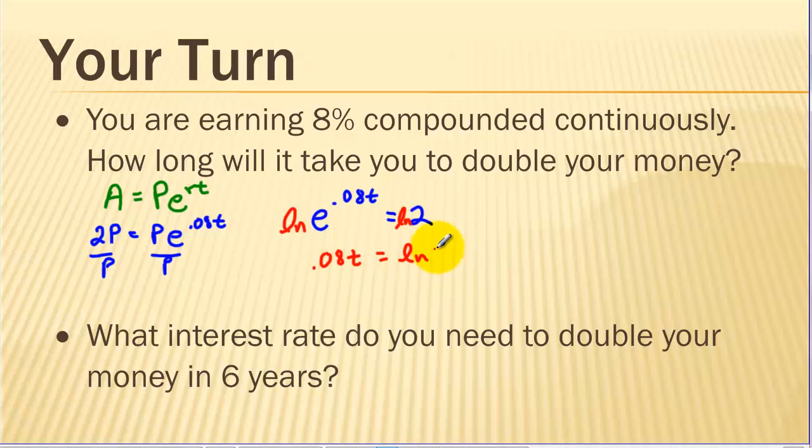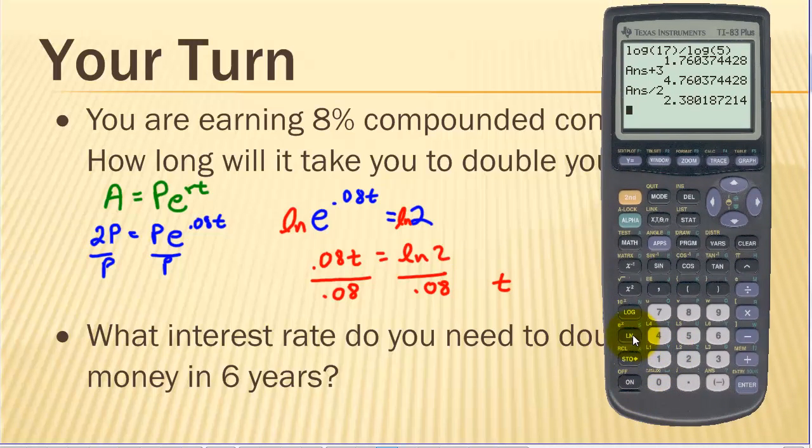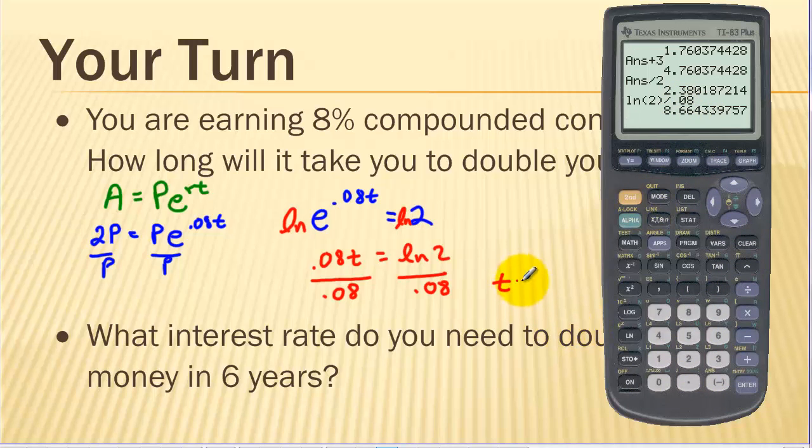So the ln of 2. And then we would be dividing by 0.08. And if we bring our calculator in, we've got the ln of 2 divided by 0.08, and we get 8.7 years, let's say.